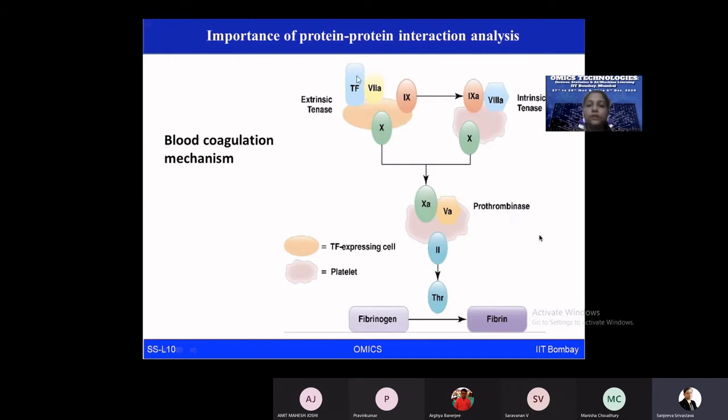This is how the blood coagulation pathway takes place in the body. We can see how the proteins come together and form a complex, and only then do these pathways regulate in the body.